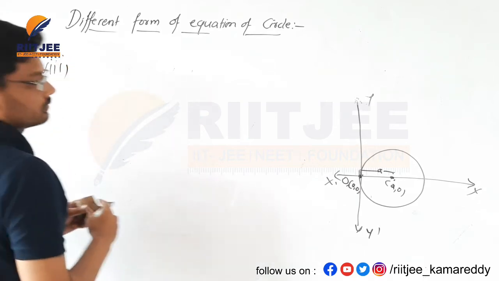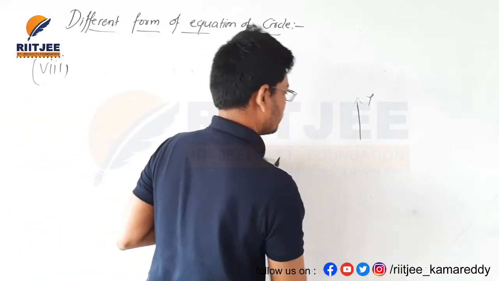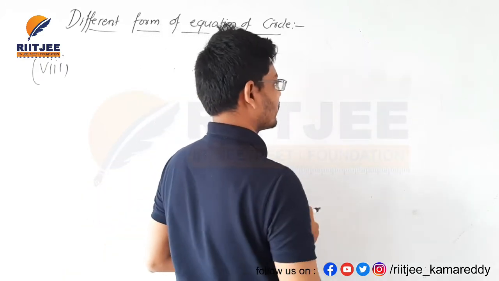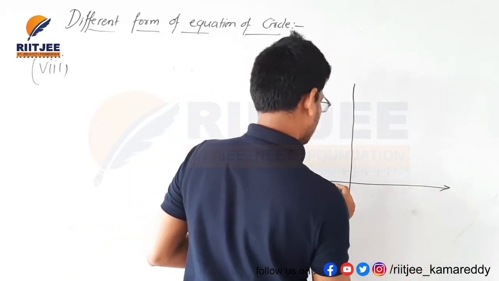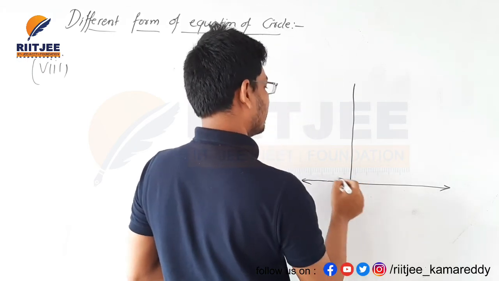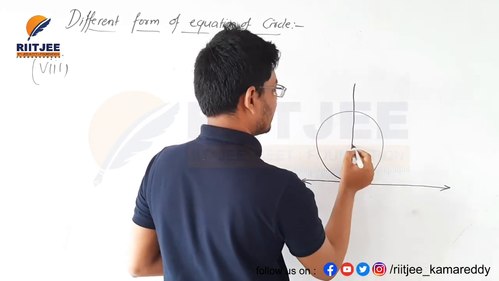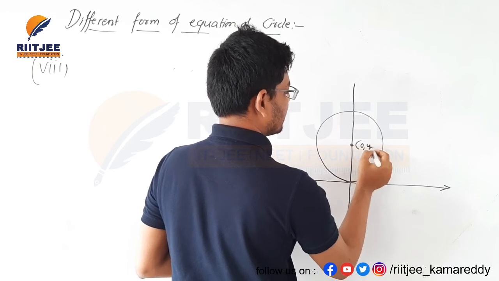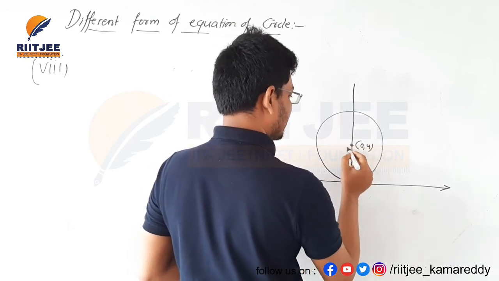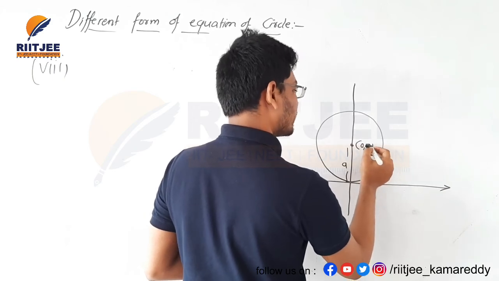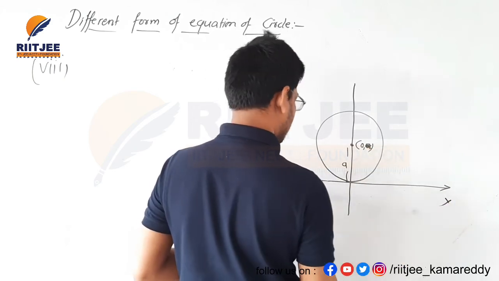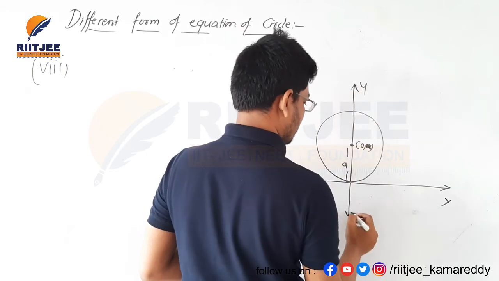And the next type of model, this is the final type of model, the eighth one. When a circle touches the y axis and the center is 0, y and the radius is a units, 0, a, otherwise you can take 0, y. This is x dash, y dash.